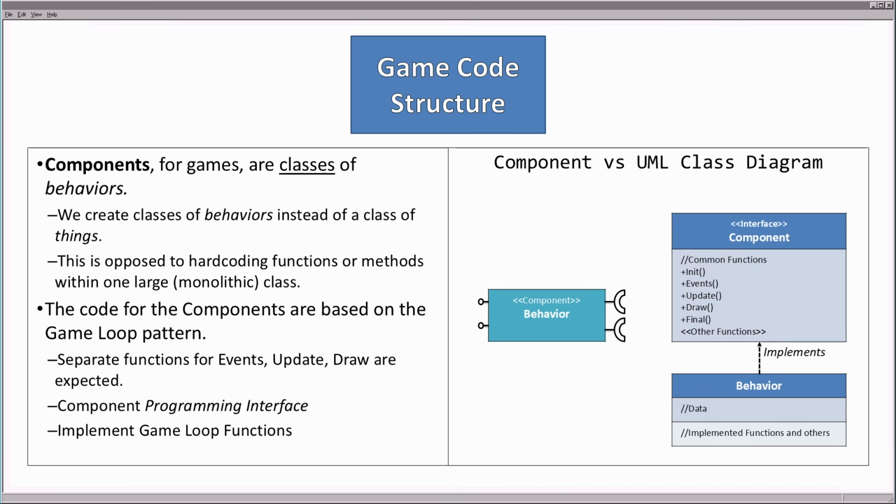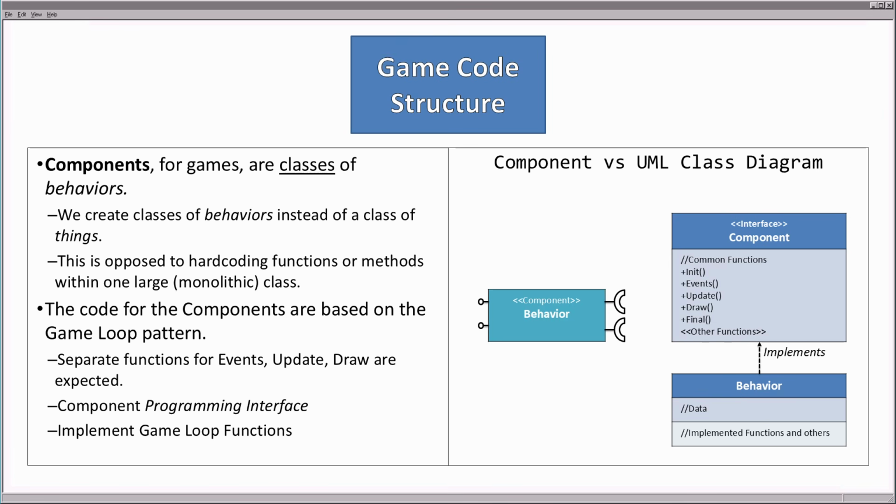Components for a game are classes of behaviors. We create classes of behaviors instead of classes of things. This is opposed to hard-coding functions or methods within a large monolithic class, meaning writing everything in one programming file or writing all the code in a main method.